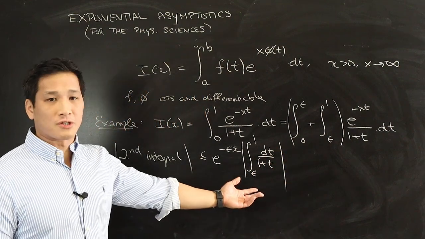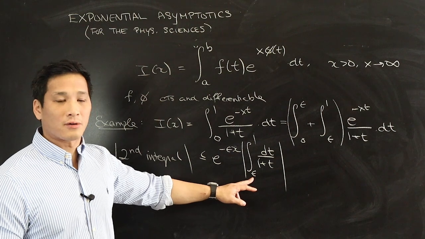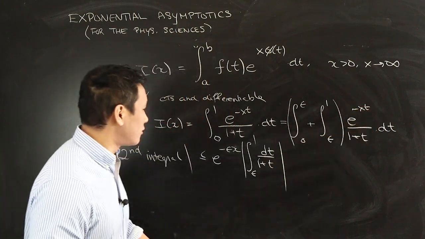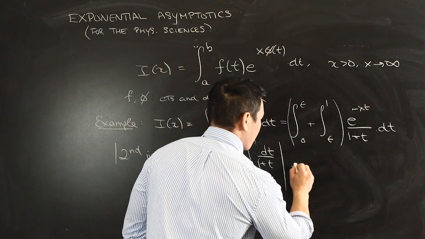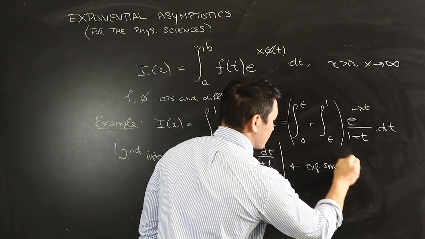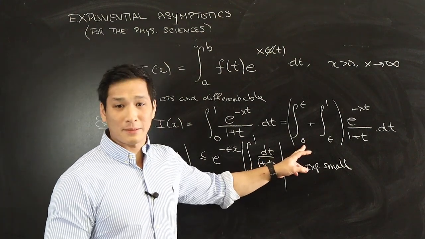And then this one here is just a number. I mean, it's less than, like, log 2 if epsilon is small. So basically, this secondary integral is exponentially small, right? So we're going to forget about it for now, because we're expecting this first integral to not be exponentially small.